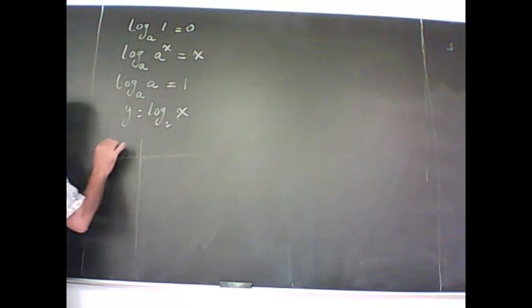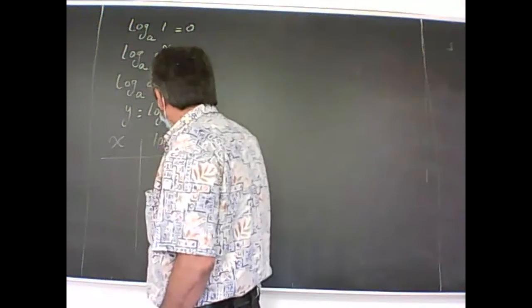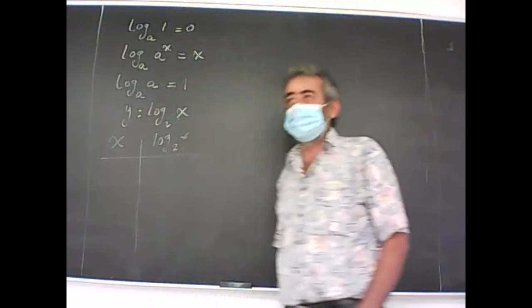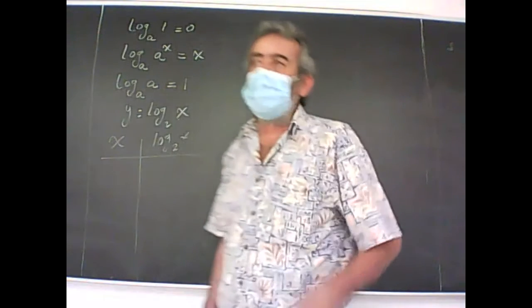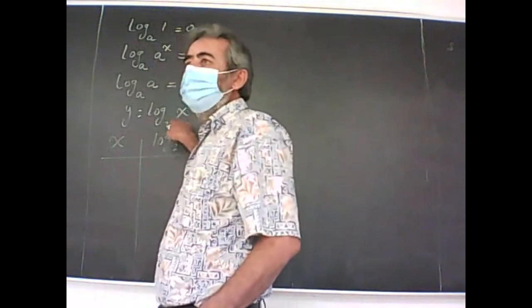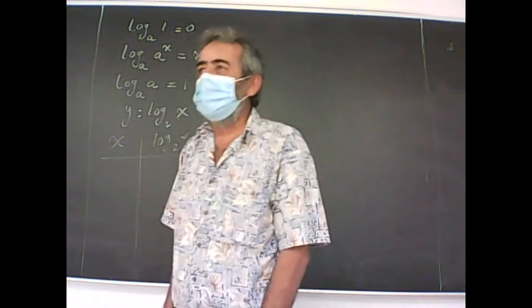To graph it, we need to take values for x and figure out the log base 2 of x. What does that equal? So remember, one of the rules says we can only use positive values for x. So we cannot use negative values.